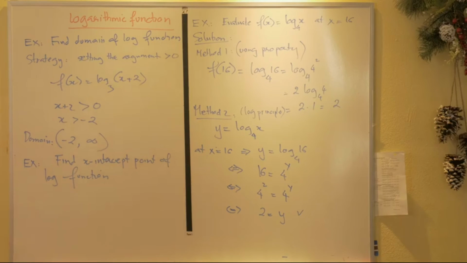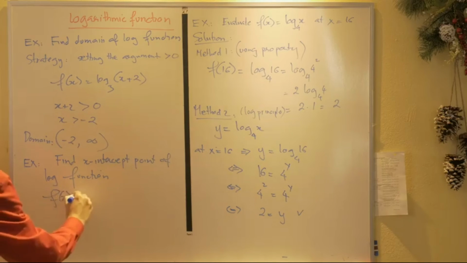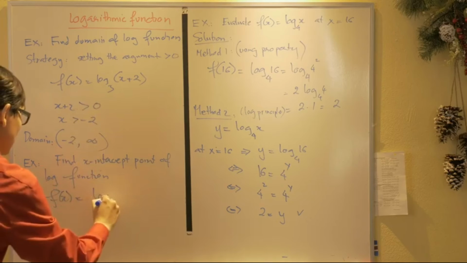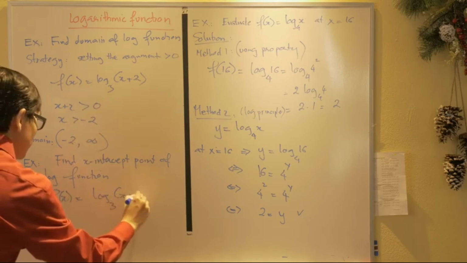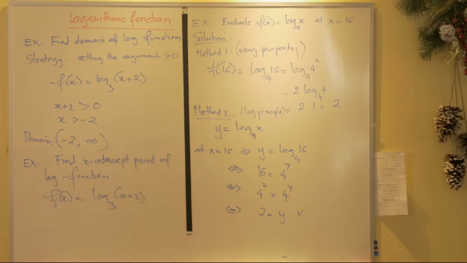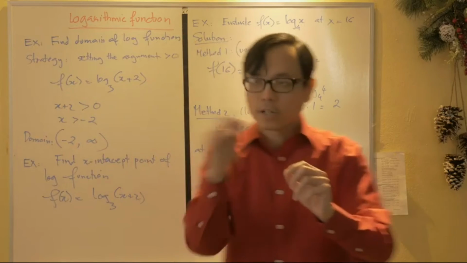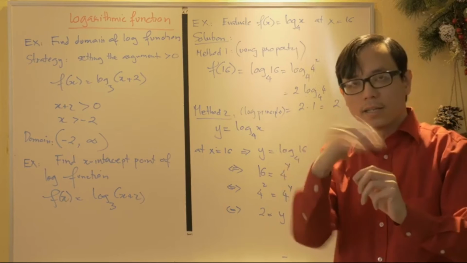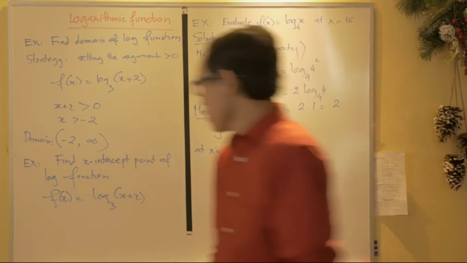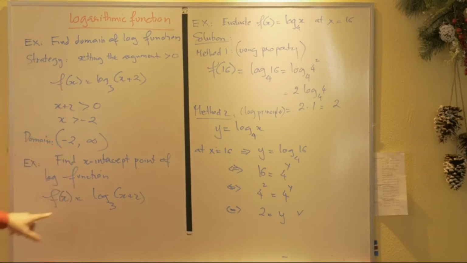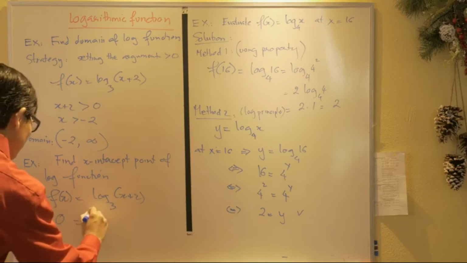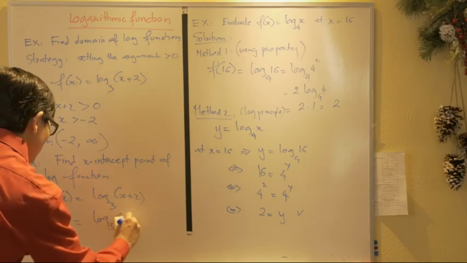What if I have something like this, f of x equals, again, log base 3 of x plus 2, and I want to find the x-intercept point. The x-intercept point is the point where the curve of the log function intercepts the x-axis. In order to find it, you set y equal to 0, remember? So you set 0 equal to log base 3 of x plus 2.